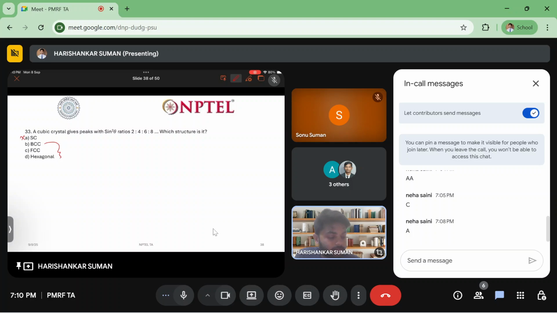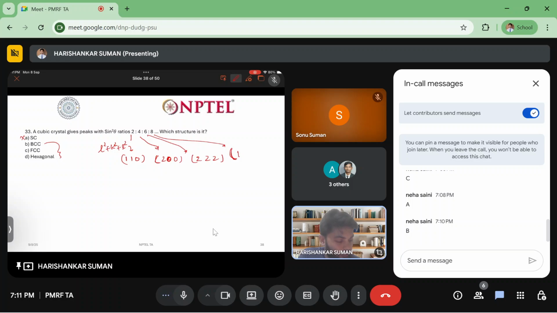2, 4, 6, 8. 2 is 110, h square plus k square plus l square, 4 is 200. Sorry, this will be 6, 8.